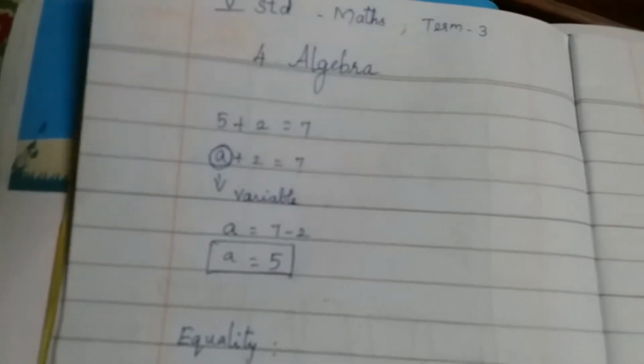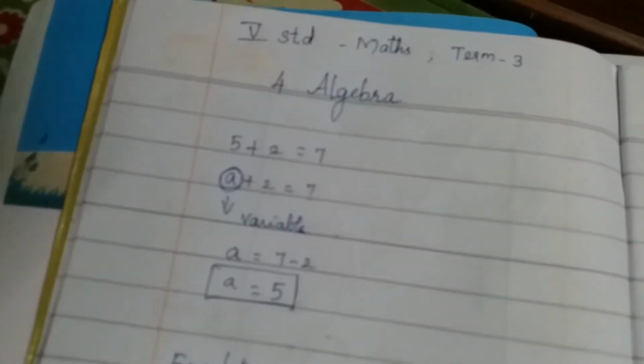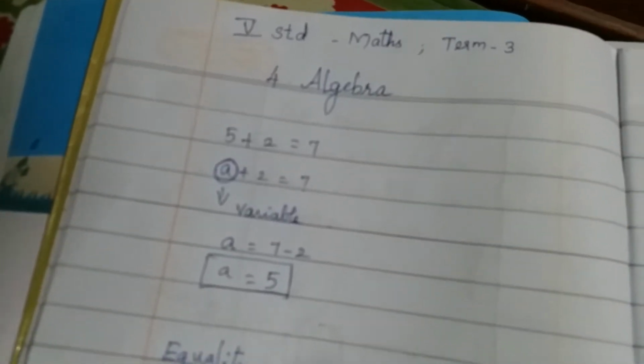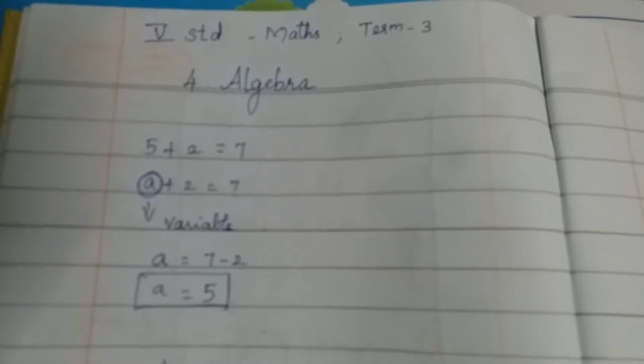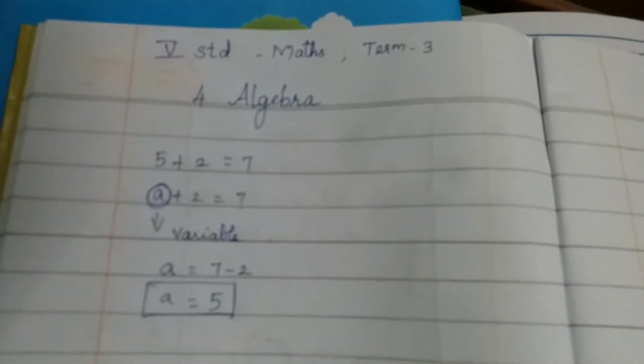It deals with the equal to sign. Let me take a number. 3 plus 2 is equal to 4, and 2 into 2 is equal to 4. You can see the operations: here it is addition, and here it is multiplication.